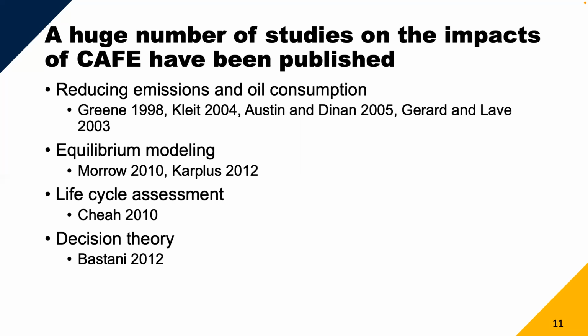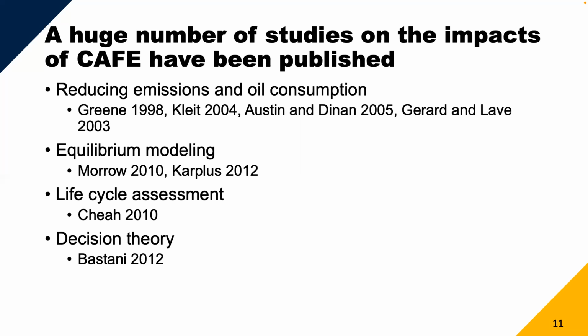Some of these are more engineering-based analyses, and some are more top-down economic, like regression-based modeling. Equilibrium modeling looks at changes in the system, like how automakers have responded and how that affects the economy. Life cycle assessments take a deeper look at impacts involving upstream processes, including production of the vehicles and fuel production.